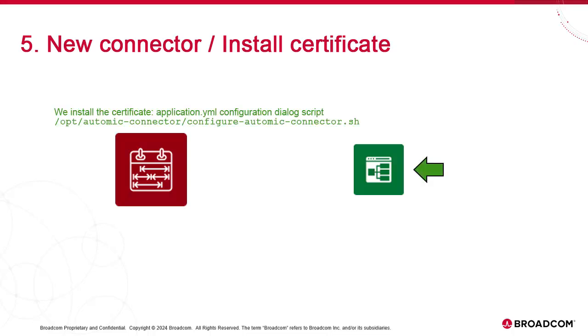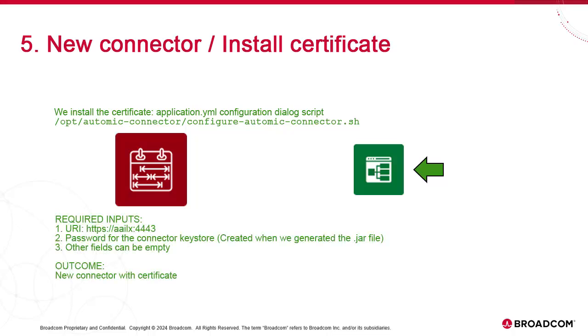We use the configure atomic connector.sh script to install the certificate on the host. Required inputs are the URI of the AAI server, which makes sense since this is what we're trying to communicate with. We use the 4443 port, which was configured by default in standalone.xml. We also confirm the password of the connector key store, where the certificate is going to be stored.